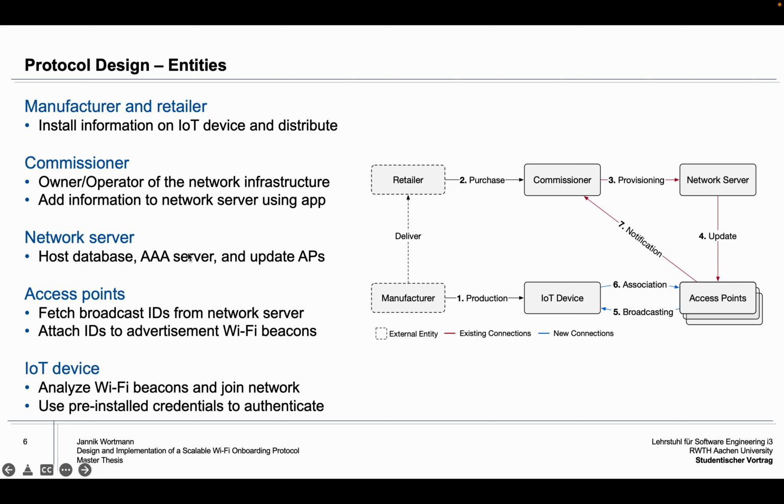The network server, on the other hand, is responsible for hosting a database, a AAA server, and updating the access points with broadcast IDs. The access points have to fetch the broadcast ID from the network server and use these IDs to advertise the network in the Wi-Fi beacons. The IoT device then has to analyze Wi-Fi beacons and join the network if it contains its own broadcast ID, and use the pre-installed credentials to authenticate itself.